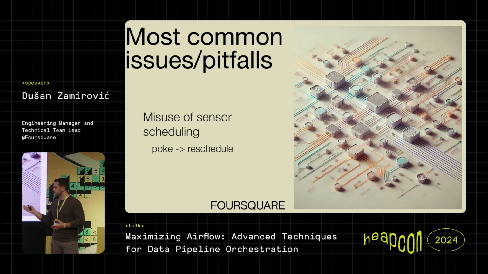So the default mode for running a sensor is poke mode, which means that the sensor is checking if the file is there fairly often. I think the recommended maximum interval is 1 minute. So every minute it's poking if the file is there.